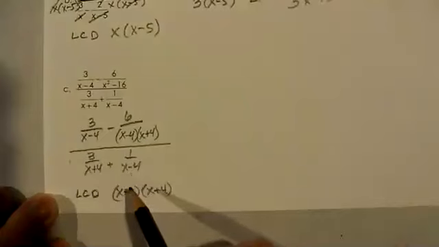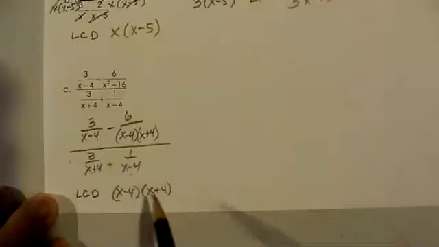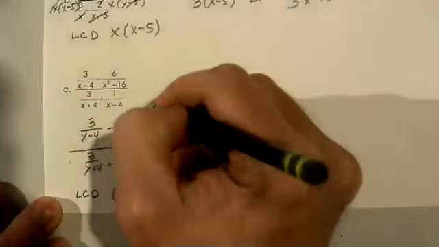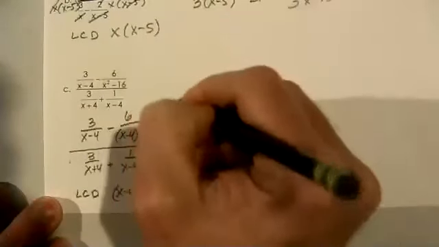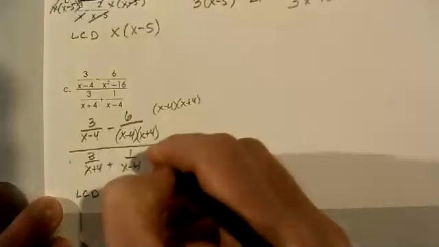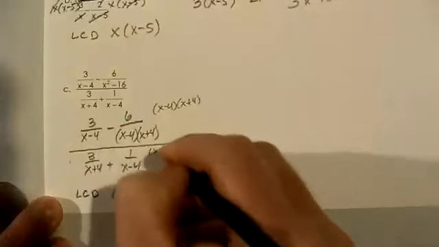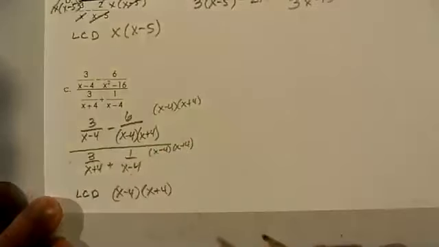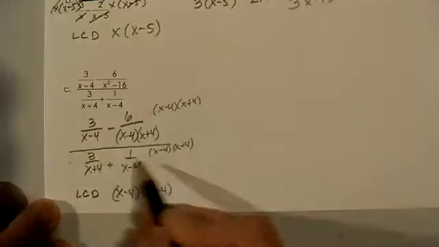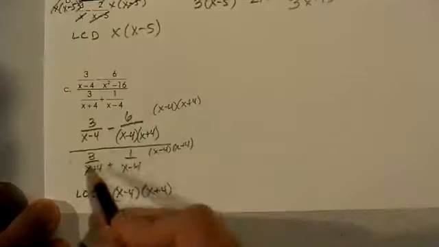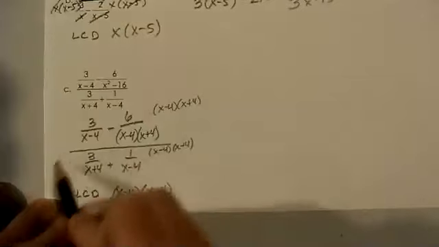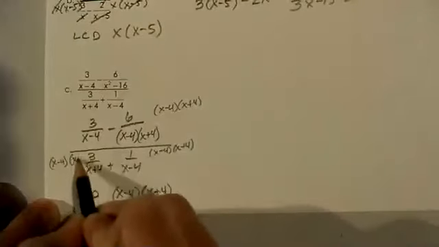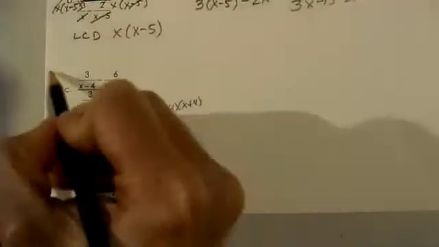So if that's our LCD, then we're going to multiply the top of this one by our LCD and the top of this fraction by our LCD. I like to write it on both sides instead of distributing it through, so you can really just cross things out, and I think that helps organize the work better.